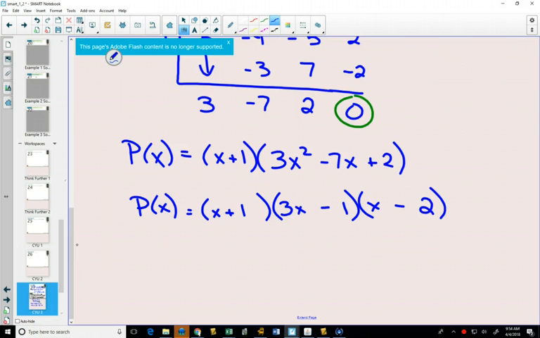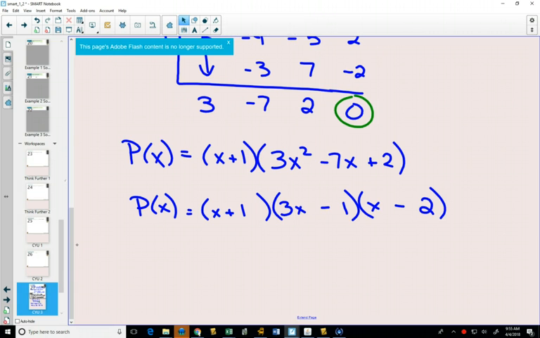And you can't use synthetic division with 3x minus 1. We have to use long division. There is a technique for synthetic division with numbers in front, but we don't learn that. So you can look that up on Google on your own time if you really want to. But we just learn synthetic division when they are nice factors, x plus something or x minus something.